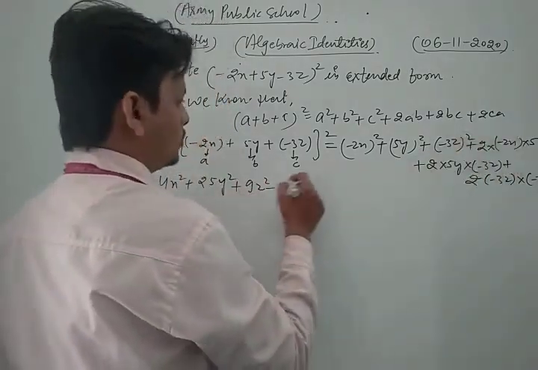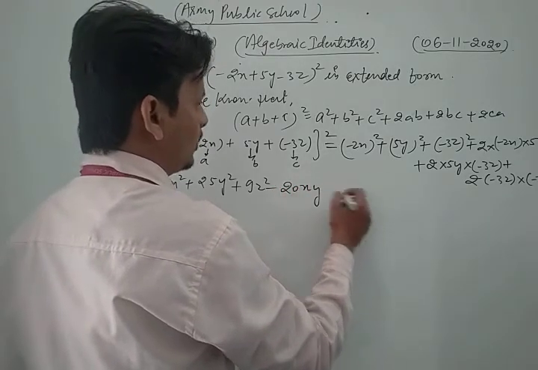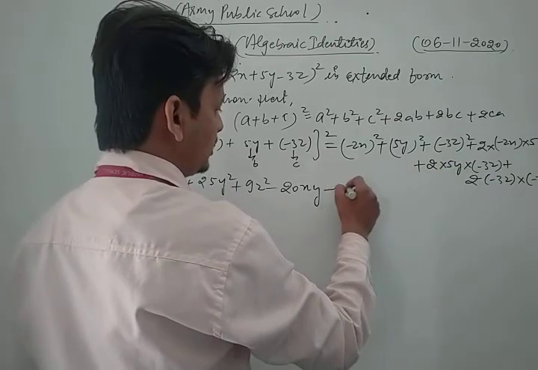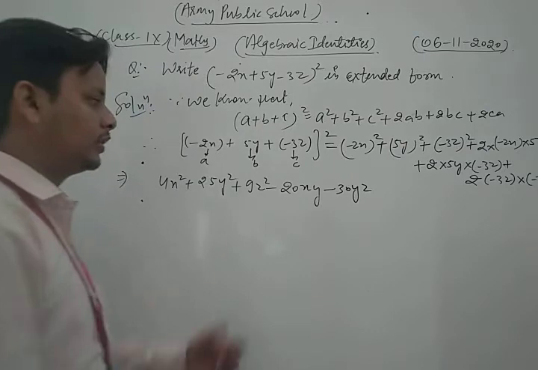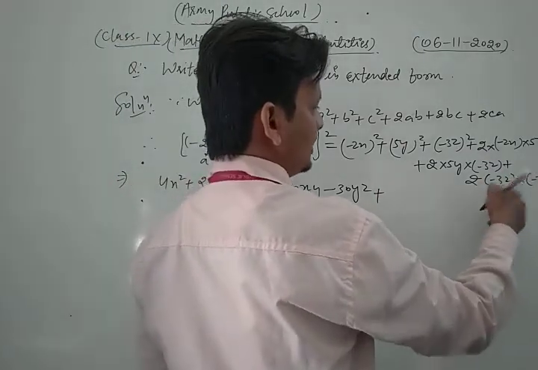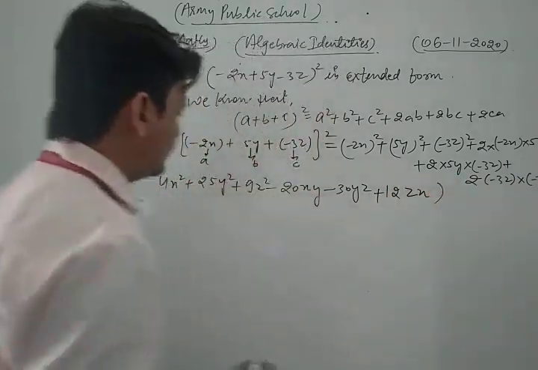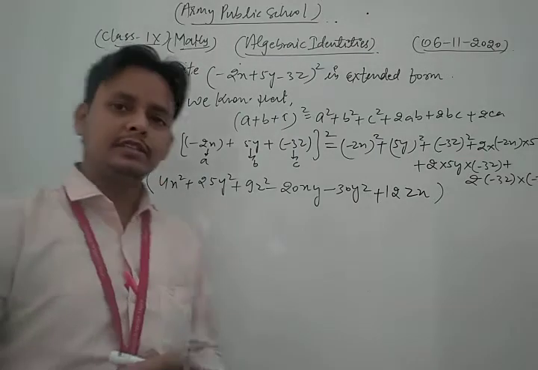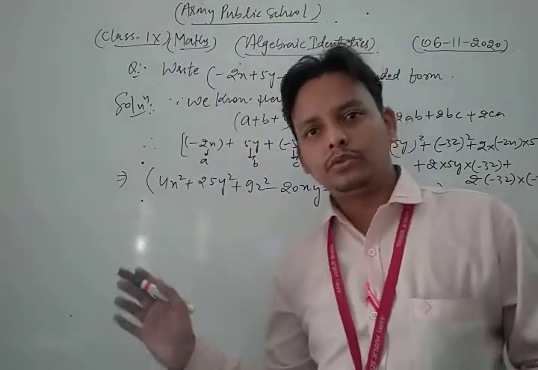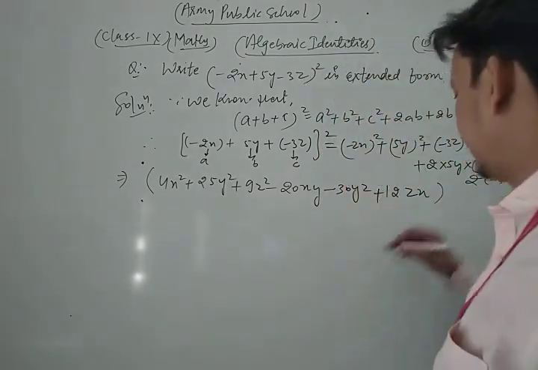Now plus minus 2 times 4 times 5 is minus 20xy, plus minus 2 times 5 times 3 is minus 30yz, and finally plus minus 2 times 3 times 2 is minus 12zx. So dear students, this is our required solution of the given question. In this way we use all the algebraic identities. This is our final answer.